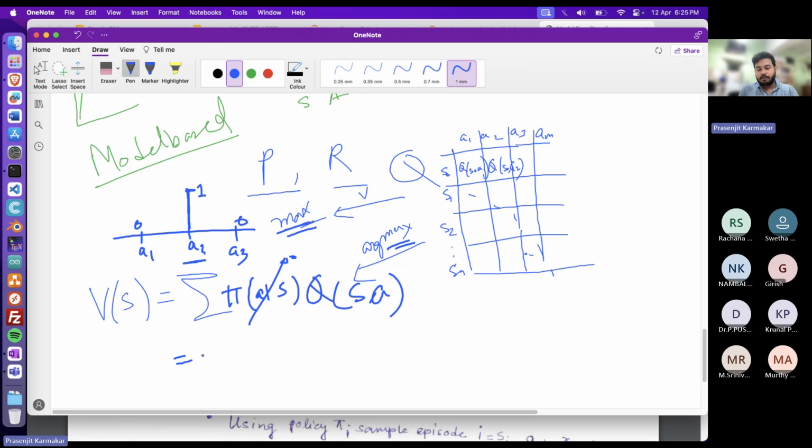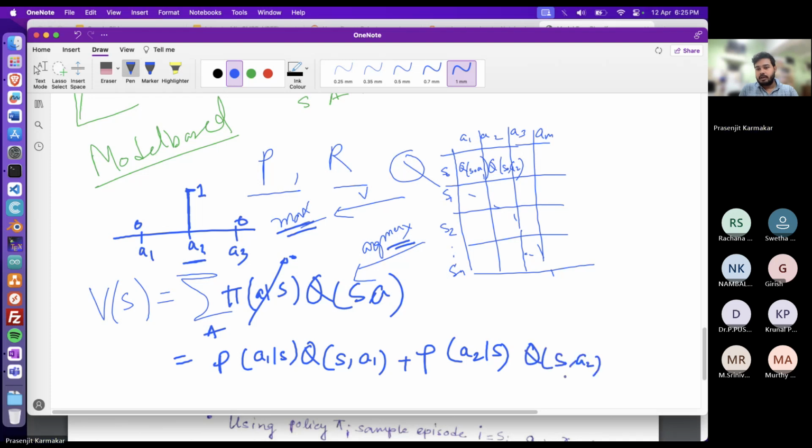If I spread this out, it looks like this: probability of a1 given s times Q(s, a1), plus probability of a2 given s times Q(s, a2), plus probability of a3 given s times Q(s, a3).